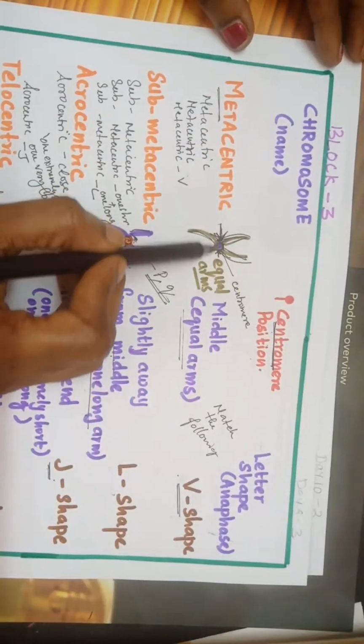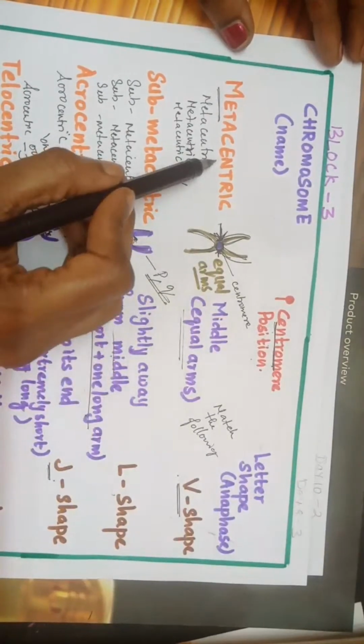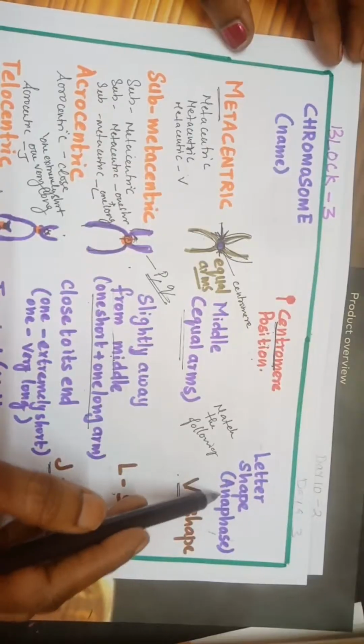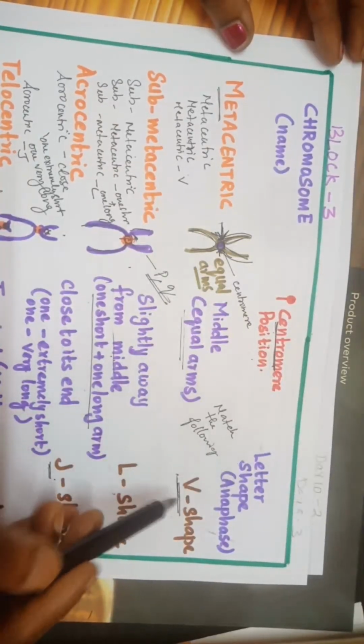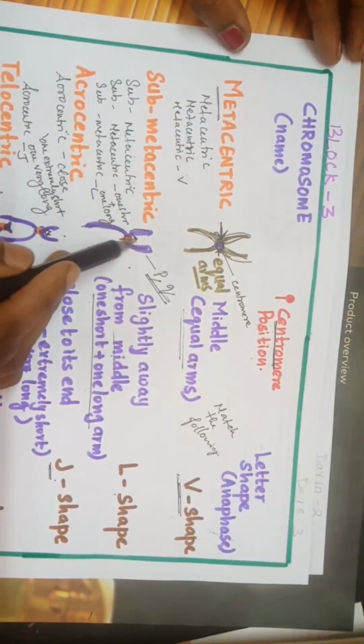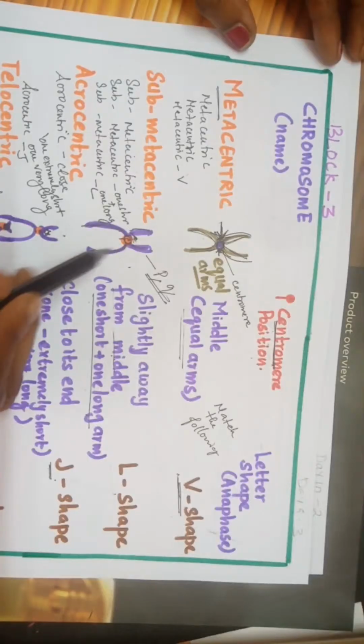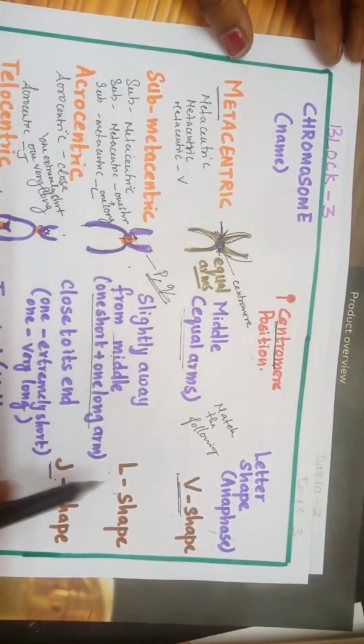If it is exactly in the middle, you have two equal arms, you call it metacentric, and it's like the letter V. Next you have submetacentric. In this, it is slightly away from the middle, forming one short and one long arm. It looks like an L shape.